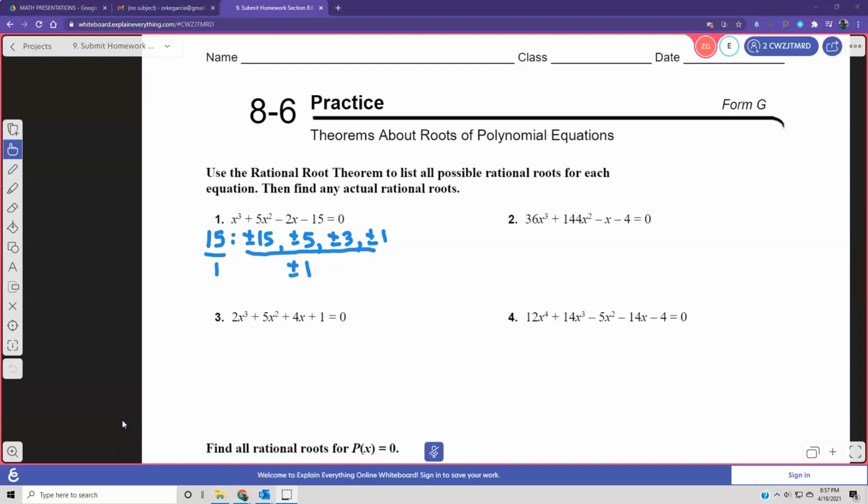Plus or minus 1. So if I had to make a list, it would be plus or minus 15, plus or minus 5, plus or minus 3, plus or minus 1. So that would be the list of possible roots for number 1.